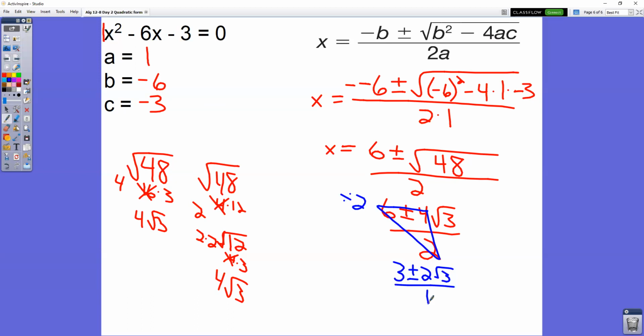Split it into 2. So we have 3 plus 2 radical 3 over 1 and 3 minus 2 radical 3 over 1. Again, tomorrow what we'll be doing is taking that one step farther, making them into decimals. It's easier just to do this today with leaving it in simplest radical form.